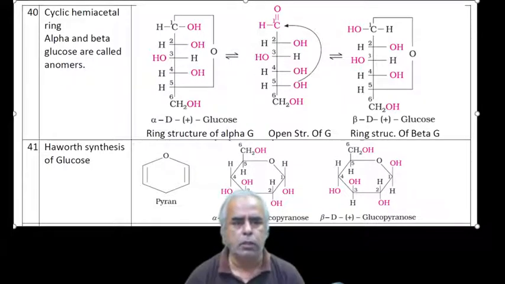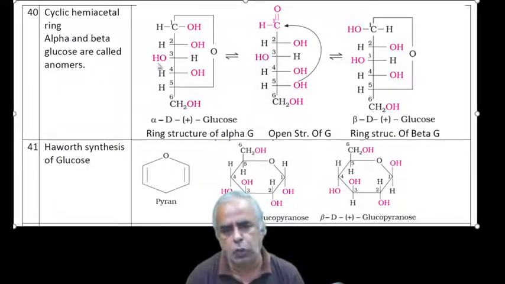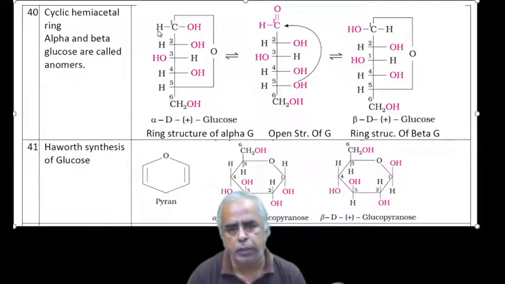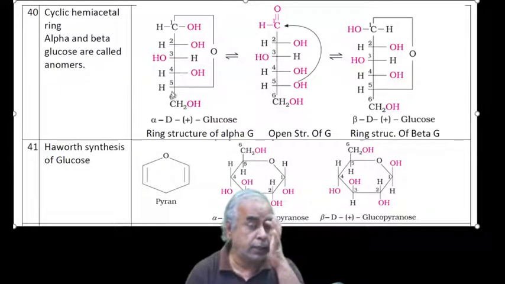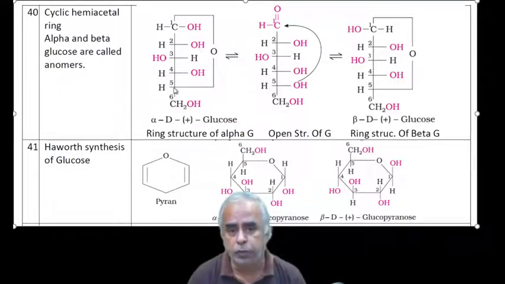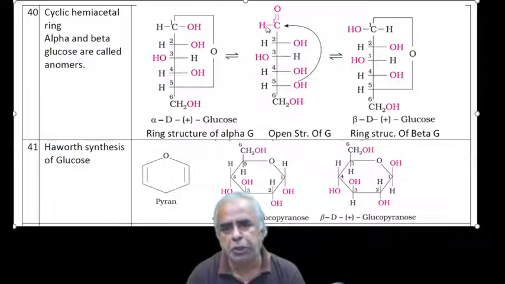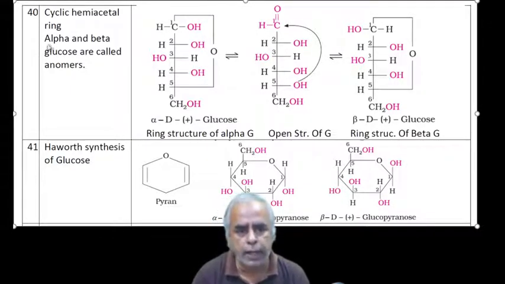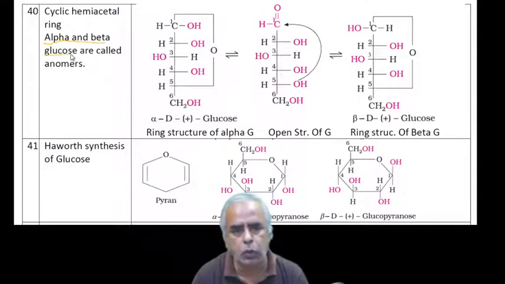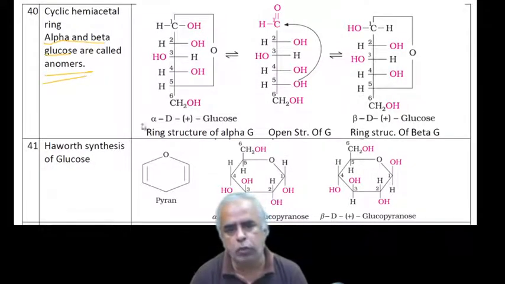Now let us have the hemiacetal ring. This is called the hemiacetal ring. As I already mentioned, the first carbon atom has an interaction with the fifth carbon atom, so it forms a bond like this. Based on that there will be a free rotation at the potential aldehyde group. That results in alpha and beta glucose, and they are called anomers.